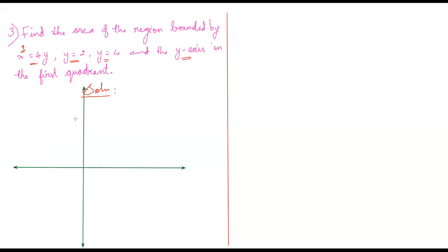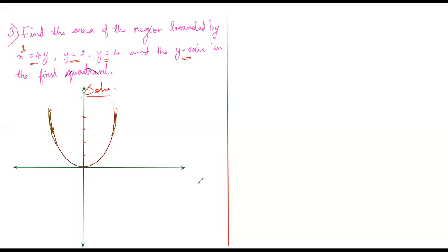Okay, the parabola is open upward because x square is equal to 4y.